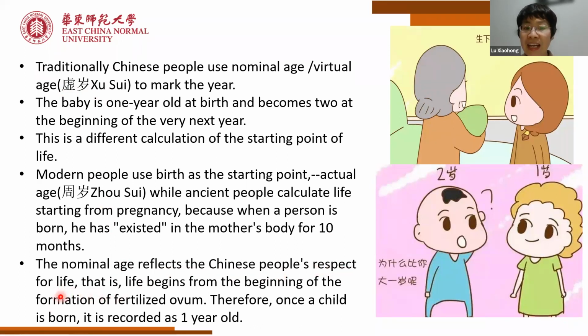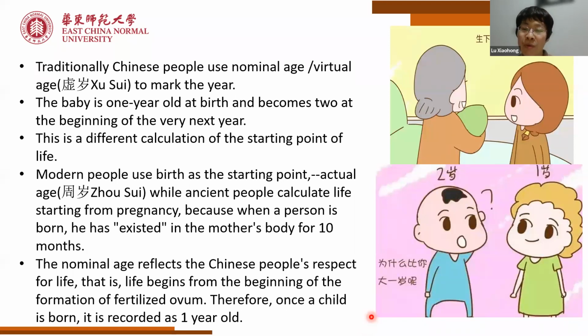That is, life begins from the formation of the fertilized ovum. Therefore, once a child is born, he's recorded as 1 year old. So when the baby was born, he was 1 year old already.